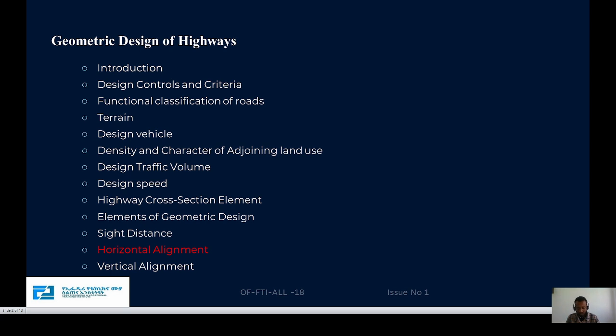For those relationships, R minimum is equal to V squared over 127 times (e plus f), as discussed based on the ERA manual. We also discussed the different types of horizontal curves: circular curves, simple circular curves, and compound curves.